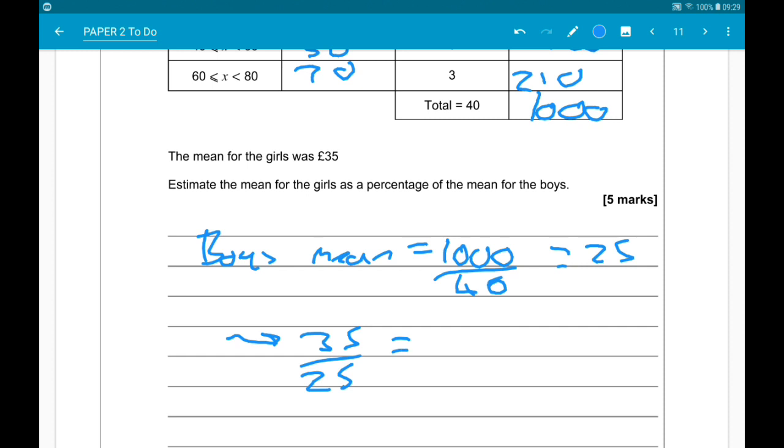Now that simplifies to 7/5, which as a decimal is 1.4, which finally as a percentage is 140%.